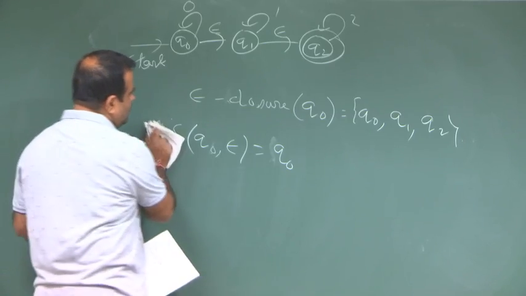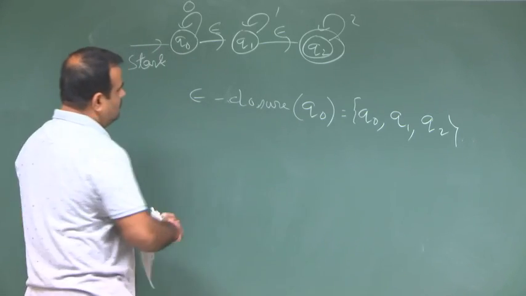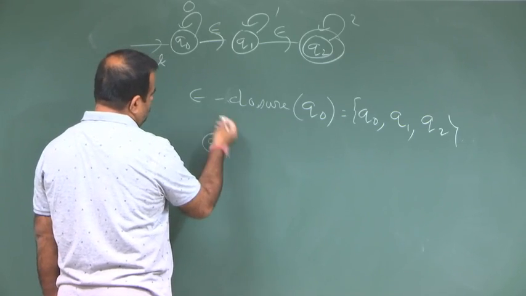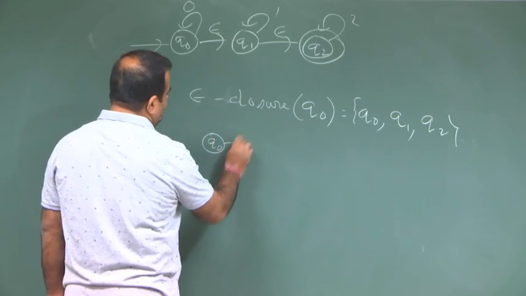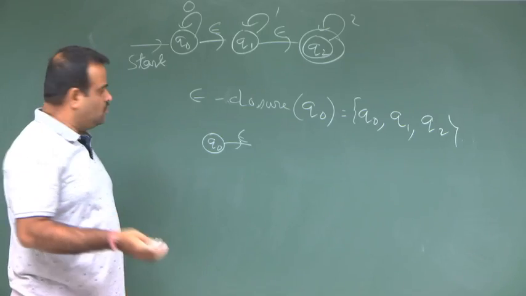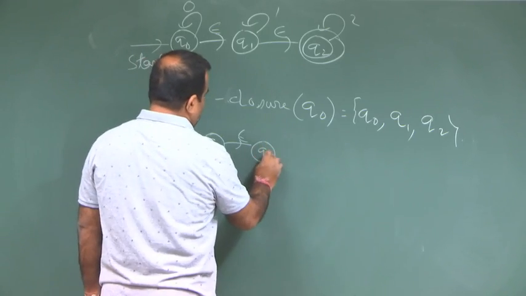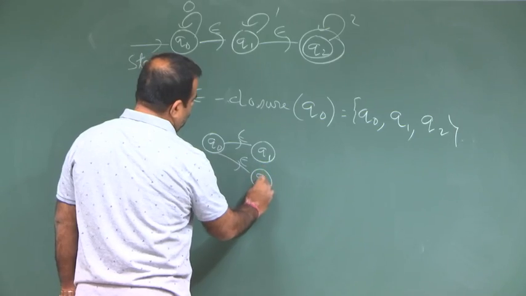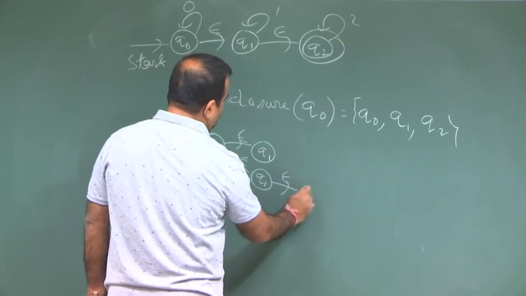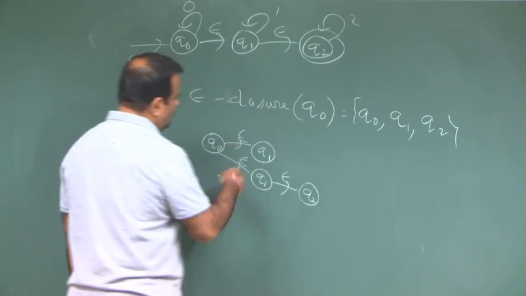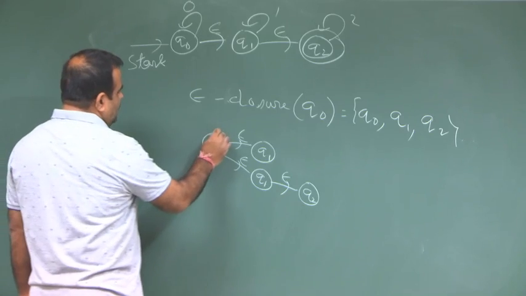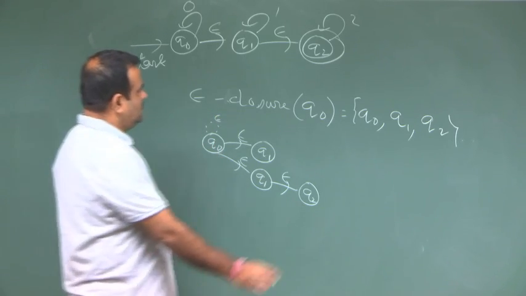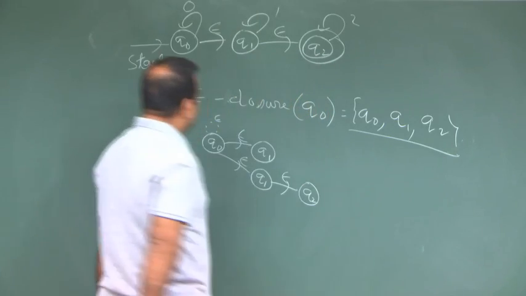From q0 with epsilon move we have q0, and to go to q2 we have to go to q1 with the epsilon move, and then from there to q2. So this is the epsilon closure for q0.